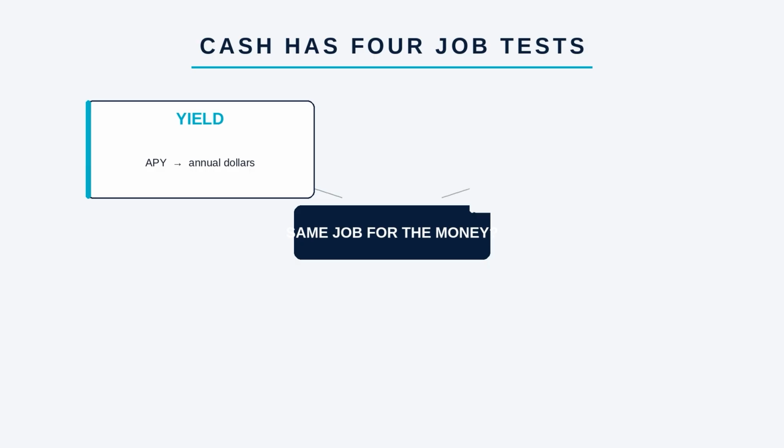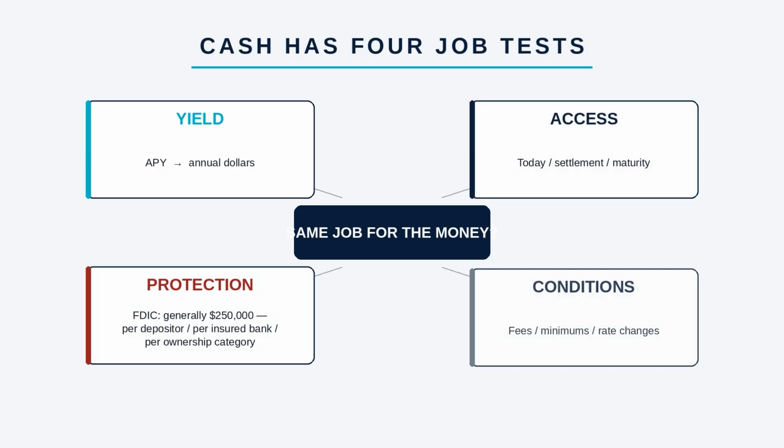Next is protection. The standard FDIC insurance amount is generally $250,000 per depositor per insured bank for each account ownership category. Ownership rules matter, so use the FDIC's estimator for anything complex. Then test access. Can you transfer today? Is there a settlement delay, withdrawal limit, maturity date, or early withdrawal penalty? Treasury bills, for example, are short-term government securities sold at auction.